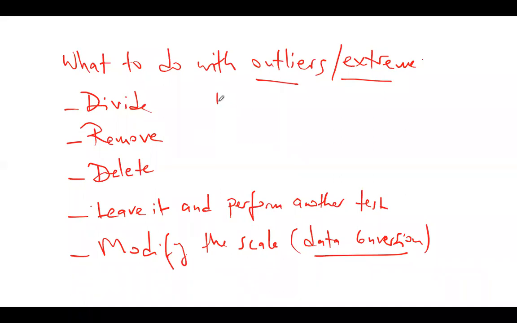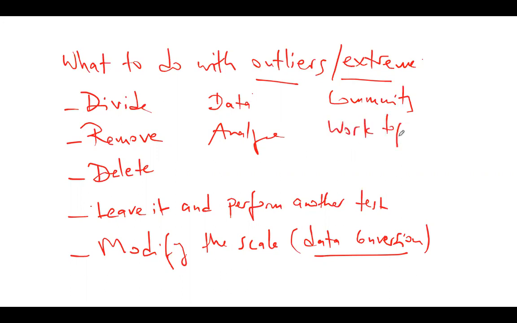So if you have data, you analyze it. If you have a community, you work together. Both is difficult, of course, if you have outliers or extreme values.